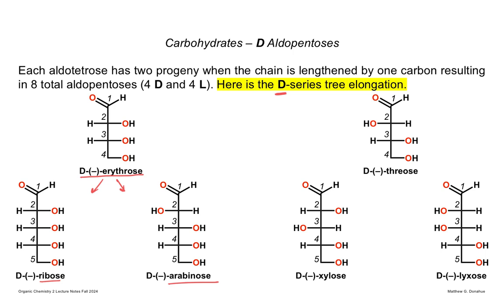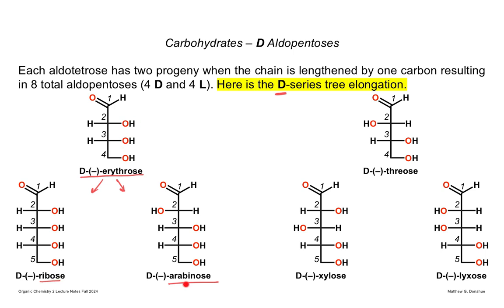So maybe one way to think about this, if we look at erythrose, see the bottom carbon, the last carbon is always a primary alcohol. So if you read it from the bottom to the top, these 2 carbons, see how they're both right?